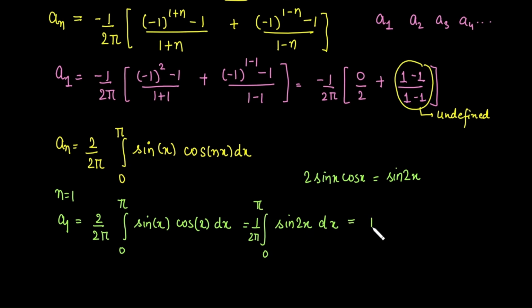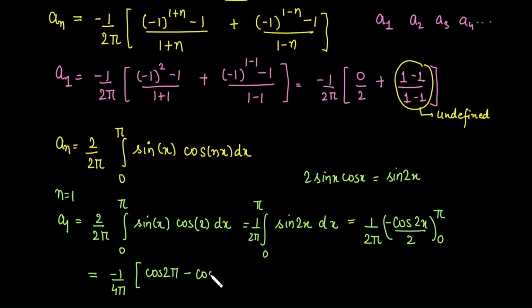This is equal to 1 upon 2 pi integration of sine 2x is minus cos 2x divided by 2. Upper limit is pi and lower limit is 0. This is further equal to minus 1 upon 4 pi. Substitute upper limit in this function. We have cos of 2 pi minus, put x is equal to 0. We have cos of 0.